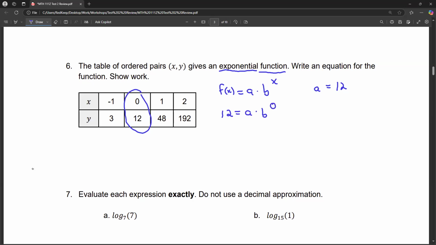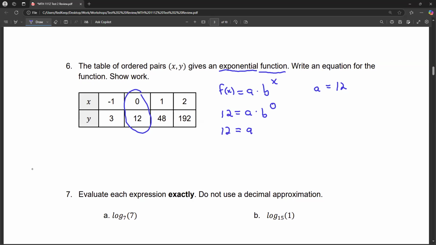So earlier we talked about this: anything raised to the power of 0 is actually equal to 1. So in this scenario, we have 12 is equal to a times 1. But a times 1 is just equal to a. So it was a pretty simple, one step thing to just show this idea that a is equal to 12.